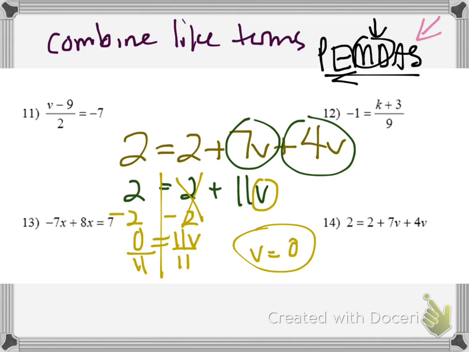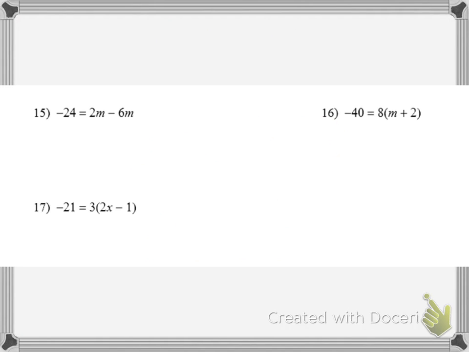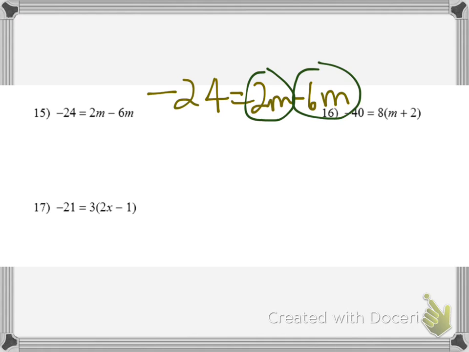All right, let's go to the next slide. All right, number 15. Negative 24 equals 2m minus 6m. All right, so we have some terms we can combine, 2m and negative 6m. That's not same signs add and keep, it's different signs subtract. Take the sign of the highest number, then you'll be exact.